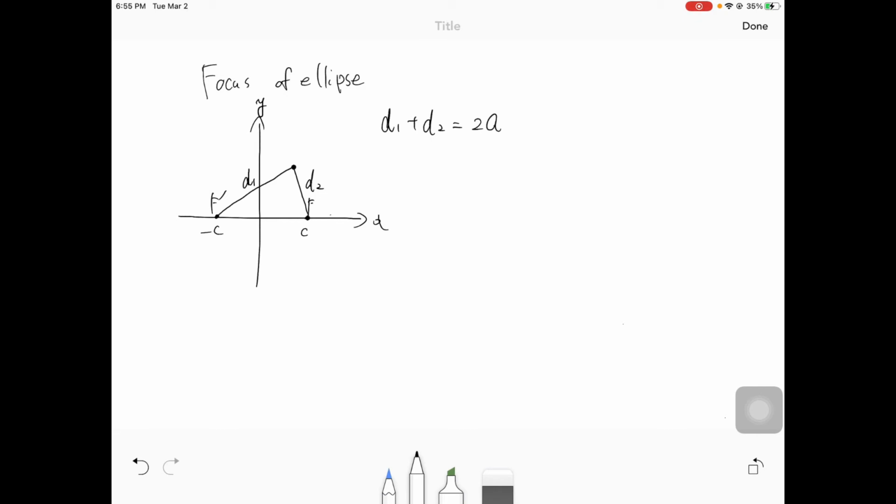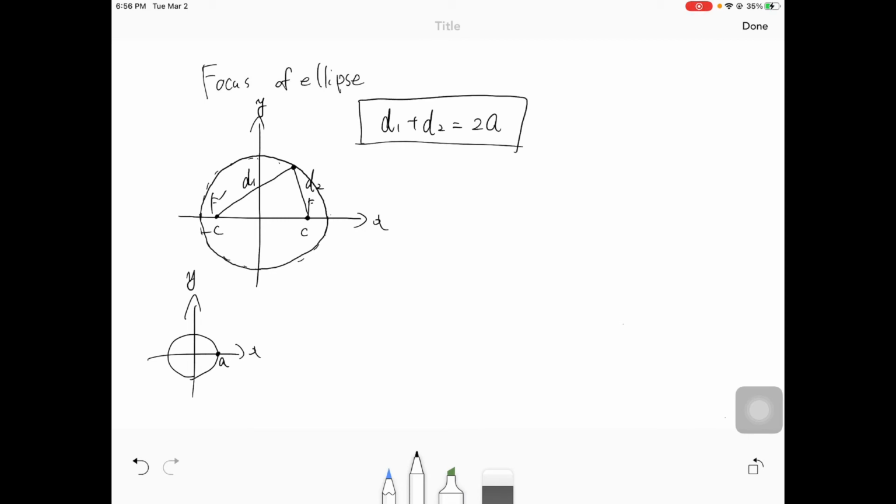Do you remember a is here? A is the x value of the x-intercept of ellipse. Okay. If you can find the points to satisfy this equation, and if you find all points like that, you can sketch the graph of ellipse. Then it's going to be like this. So this is the definition of ellipse.